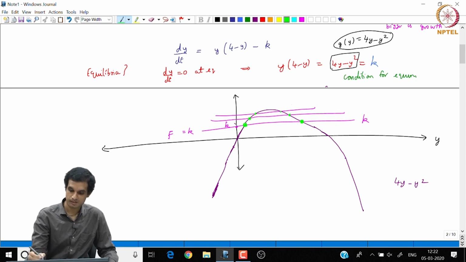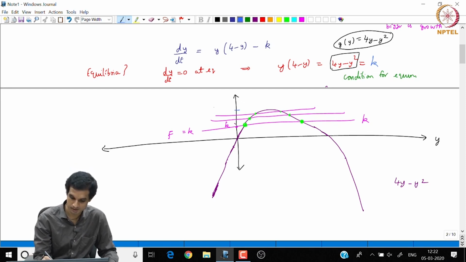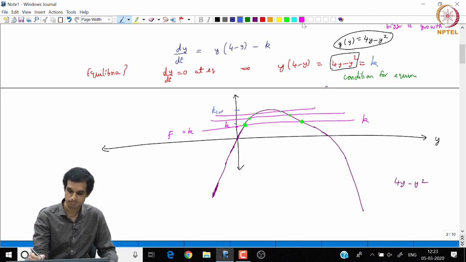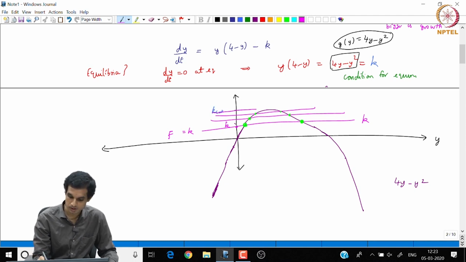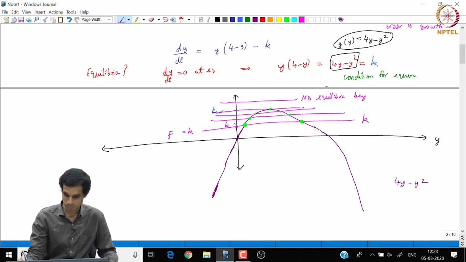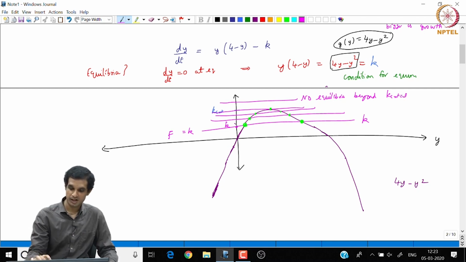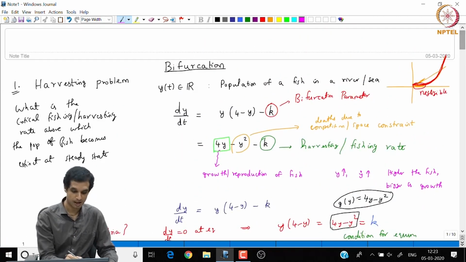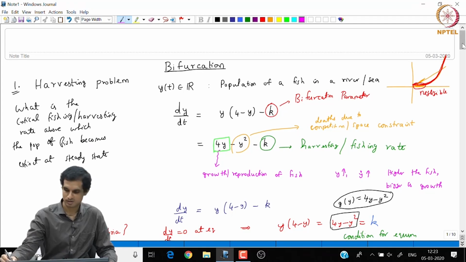After some critical value, let me call it k critical, corresponding to the vertex of this parabola, we see the two equilibria merge into a single degenerate equilibrium, and beyond k critical there are no equilibria at all, they just vanish. So, this is related to the critical harvesting rate that was asked in the question.